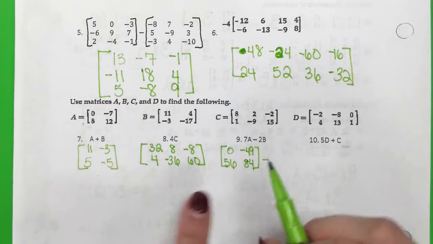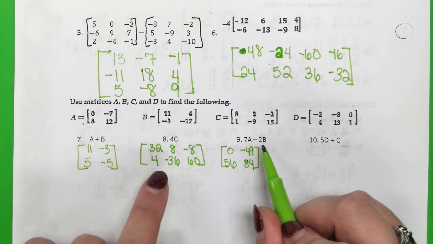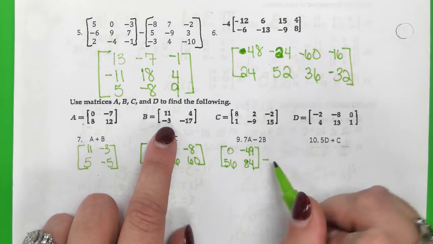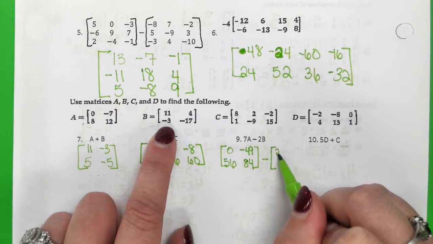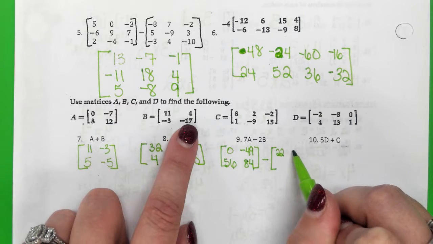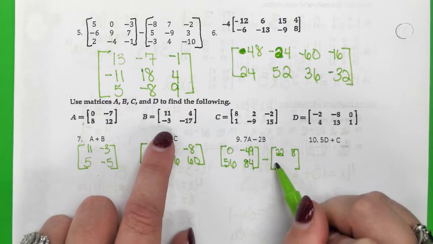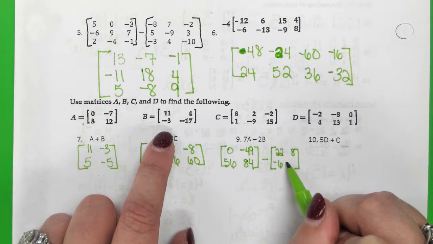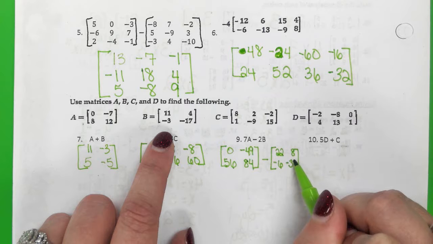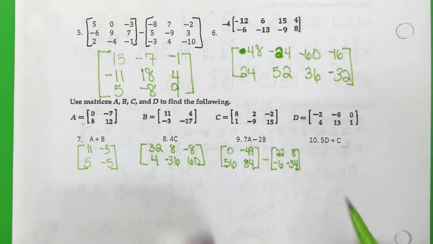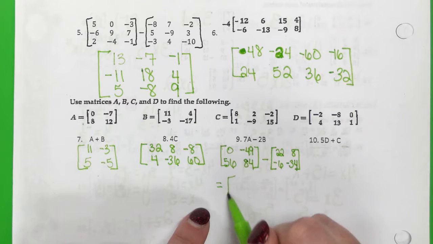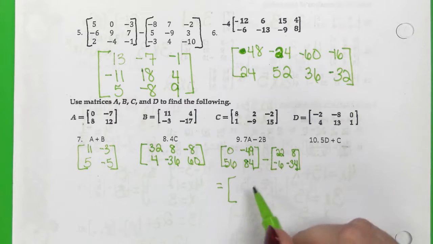All right, then we're going to subtract. And what do we want to do on the next one? B times 2. Very good. What do I do when I multiply B times 2? 22. 8. Negative 34. Very good. And then we're going to subtract them. And what do you get?